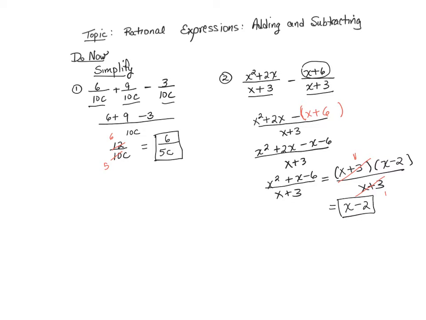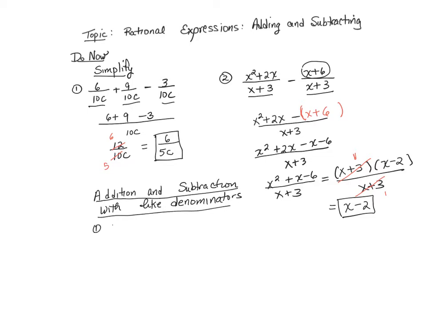So to summarize, when we add and subtract with like denominators, we add or subtract the numerators and we keep the common denominator.